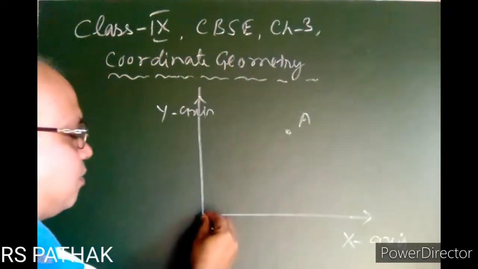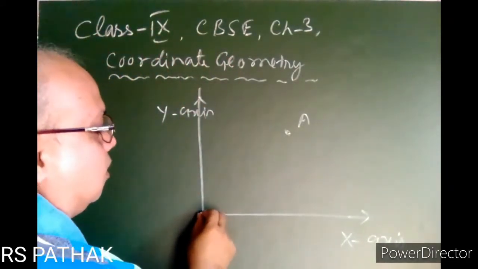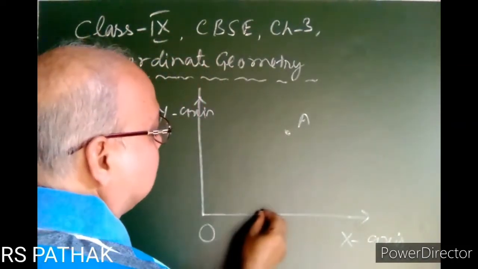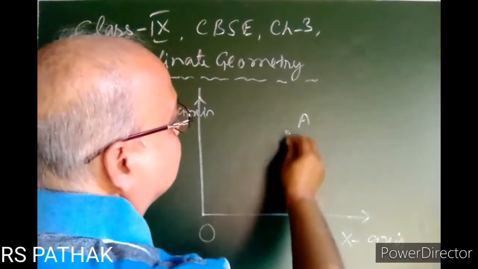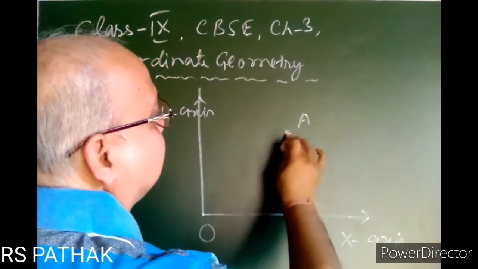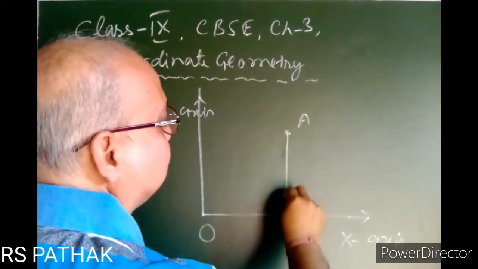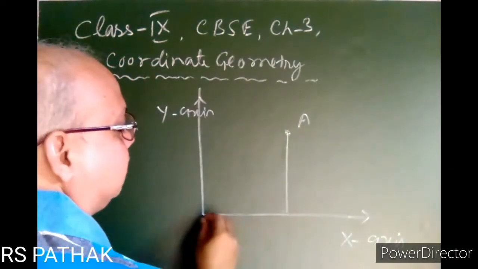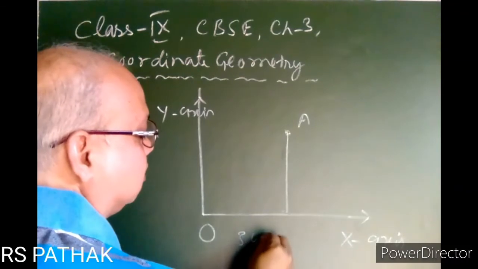You will start from O, and I am dropping a perpendicular from A to this line. Let us suppose this distance is 3 units.